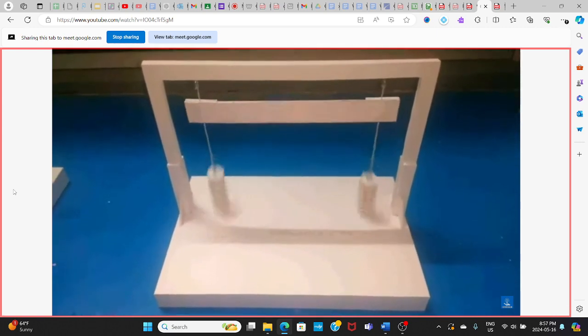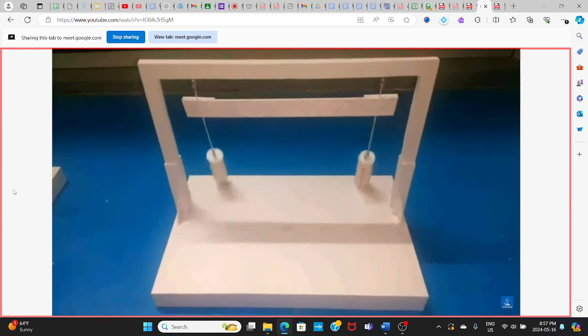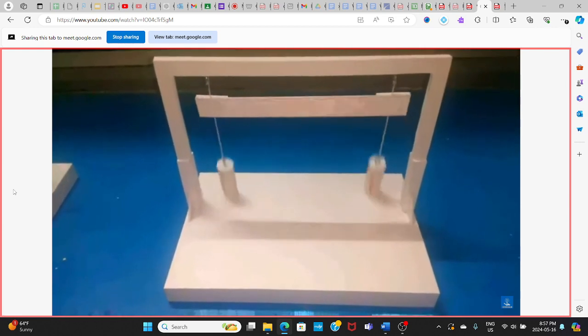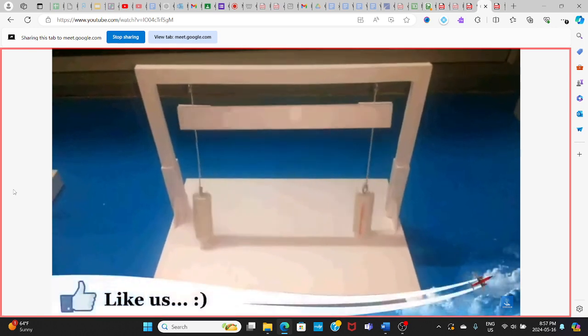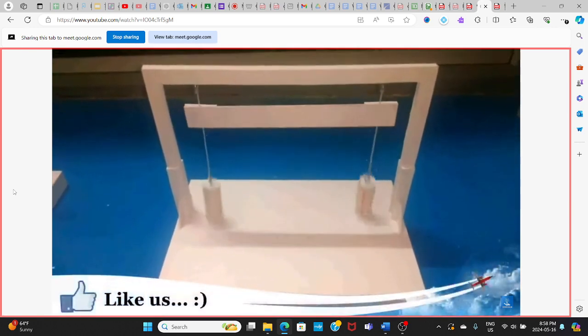Alternately, the motion is transferred from one object to another object. So this is the model named sympathetic motion.